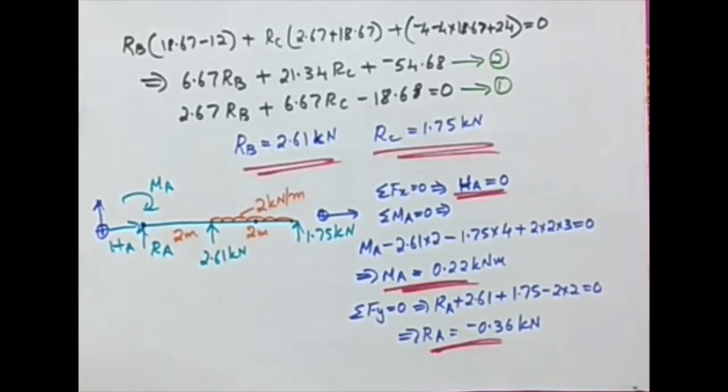I know that you might have felt this as a very long problem, because I was explaining and doing it. That's why this much time has been taken. And you should know that whenever the number of redundants increases, the strain energy method is not the most efficient method. There are different methods for analyzing beams having higher degree of indeterminacy.